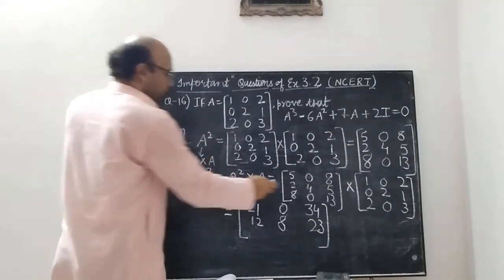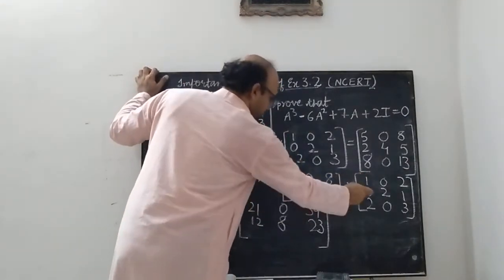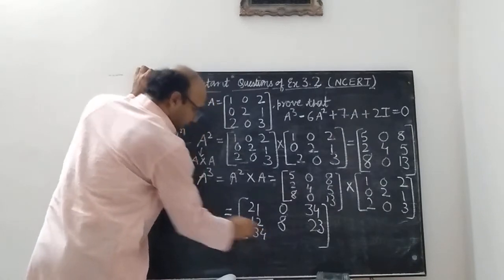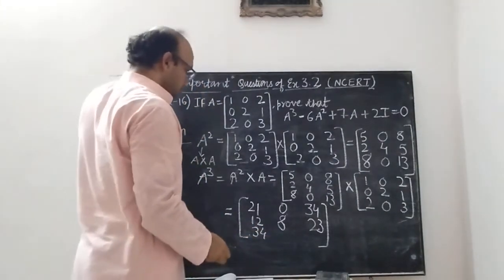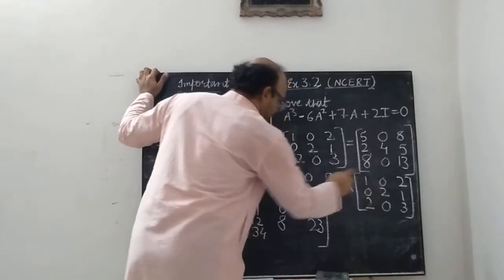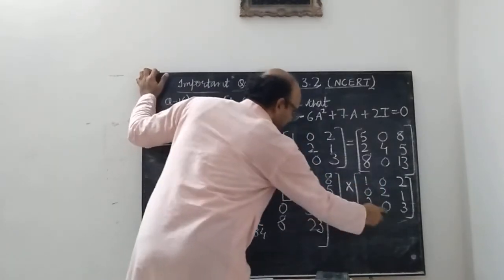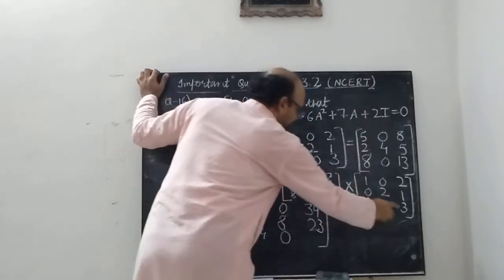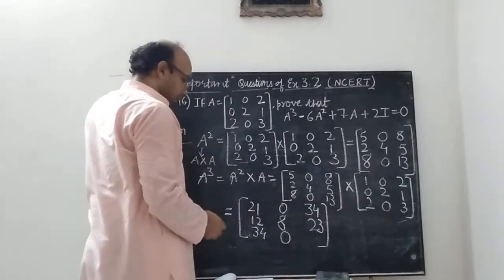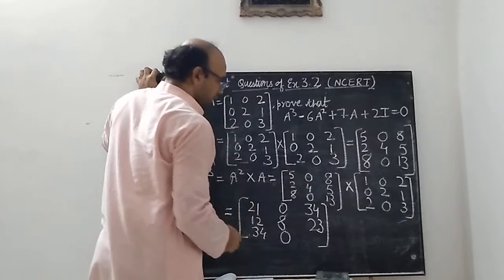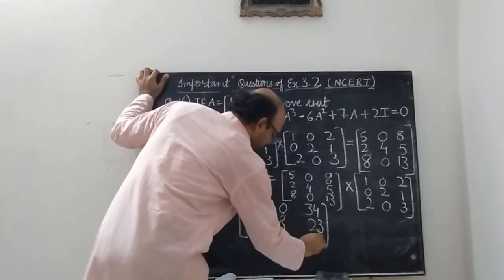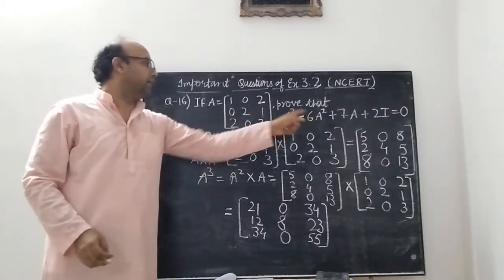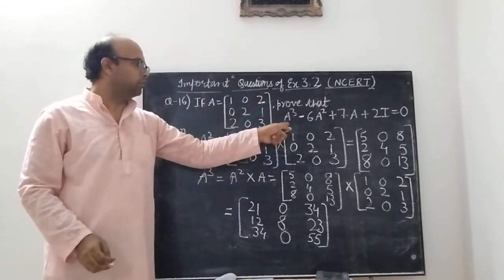Now you have 8, 0 and 26. This will give you 34. Then 0, 0 and 0. 8 to the 16 and 13 is a 39. 39 plus 16 is 55. So we have obtained the values of A square and A cube.